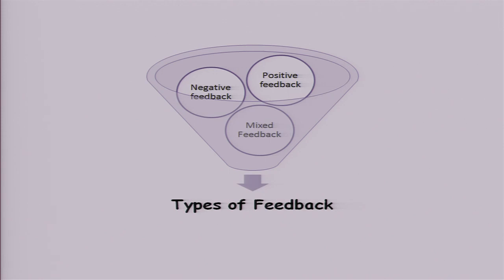So what type of feedback is the teacher providing? Positive feedback denotes that it is in a constructive way. The learner will get the suggestions in a constructive way. Negative feedback sometimes impedes the progress of the learner or the ability of the learner to express openly in the classroom. And in mixed feedback, there is a mixture of positive and negative feedback.